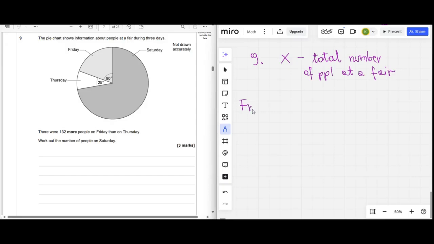On Friday, because this is a pie chart, we can use those angles to make a part a fraction of everybody. So the whole chart is showing X number of people, and, sorry, we should actually start from Thursday.